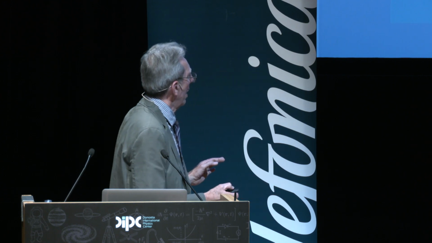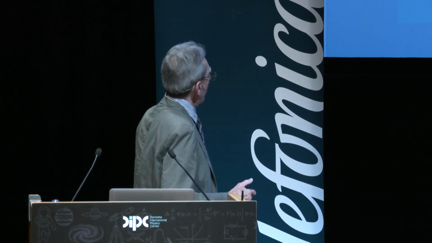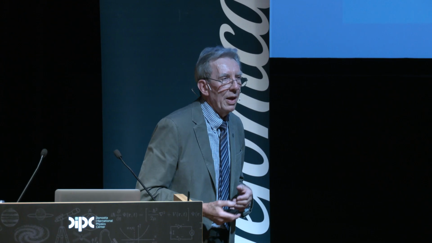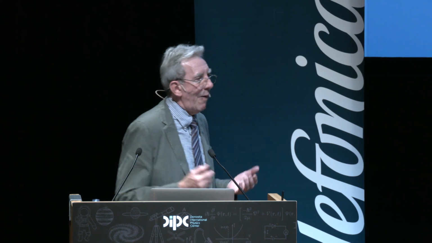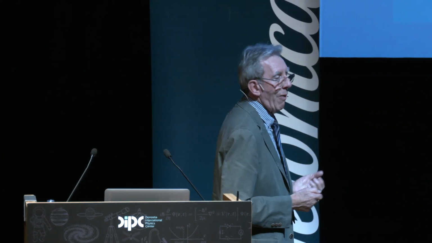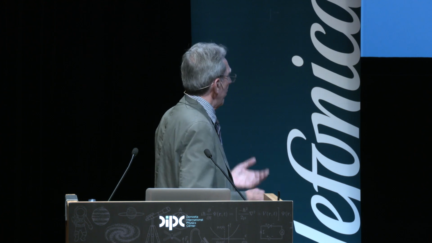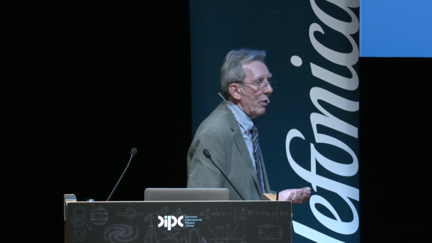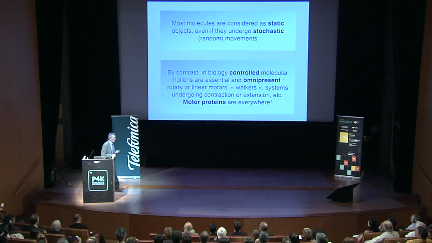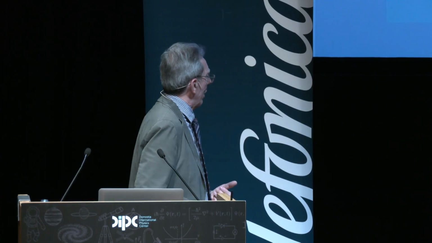In biology, the situation is dramatically different. In biology, controlled molecular motion is absolutely essential. It governs lots of very important functions, very important reactions. We find, just a few examples, rotary motors, linear motors, even walkers, molecules which walk on the road, systems which contract or expand, elongate at will.